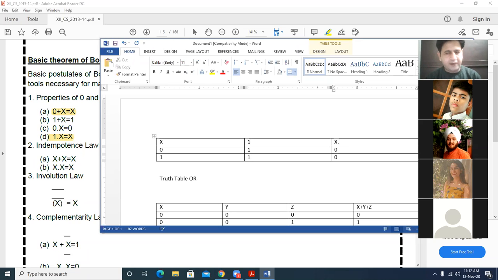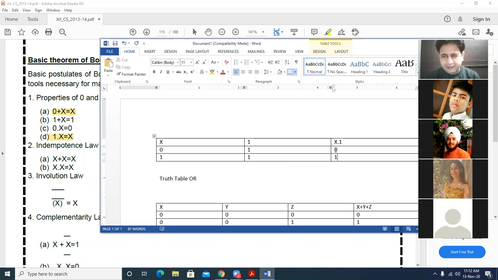x dot 1 means x and 1, so AND means all the 1s will be there and the result is 1. So here is 0 1 0 and 1 1, look here, it will be 1.